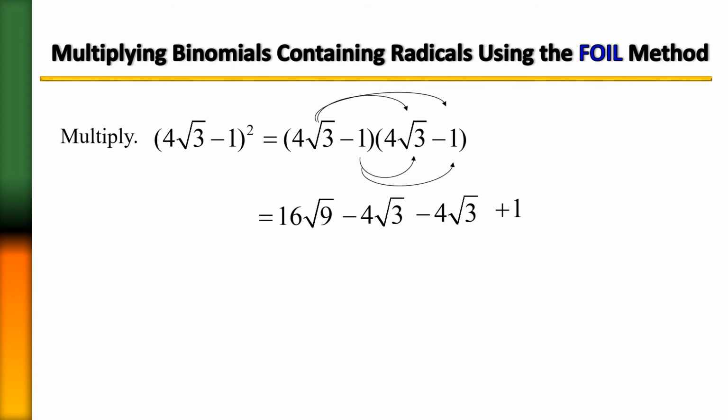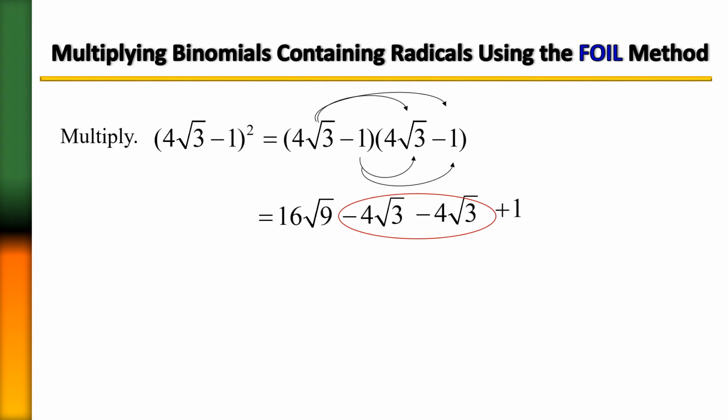The middle terms are like terms, and then in addition, I can go ahead and simplify that first term because that's a perfect square. The square root of 9 is 3. We're going to bring that 3 outside and multiply it with the 16. So combining the like terms, keep the radicand of radical 3.